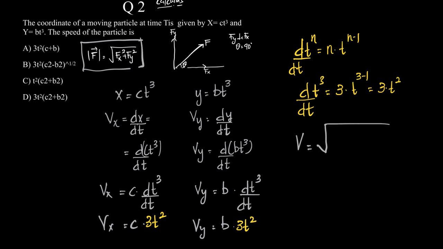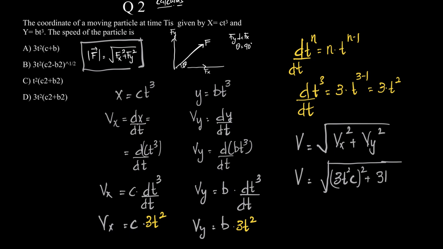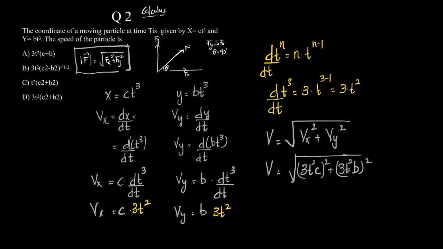V is equal to root of Vx square plus Vy square, which is root of (3t square c) the whole square plus (3t square b) the whole square, which can further be written as root of 9 t raised to 4 c square plus 9 t raised to 4 b square.